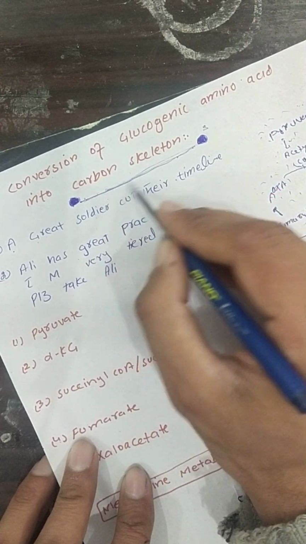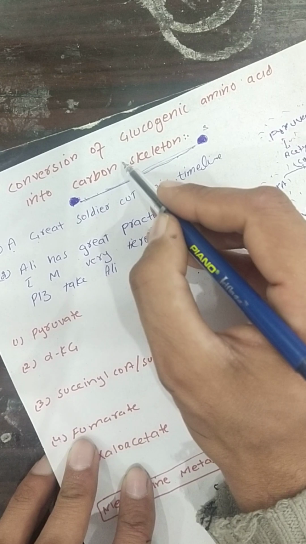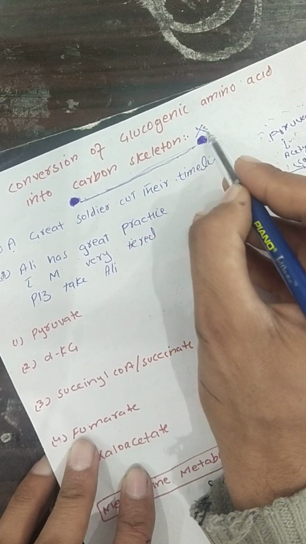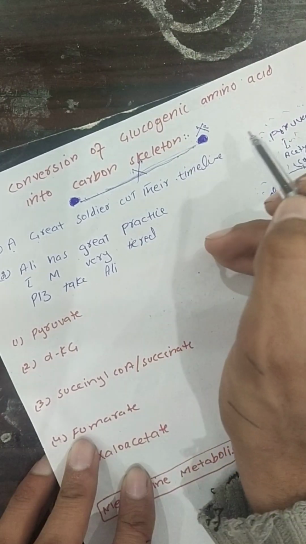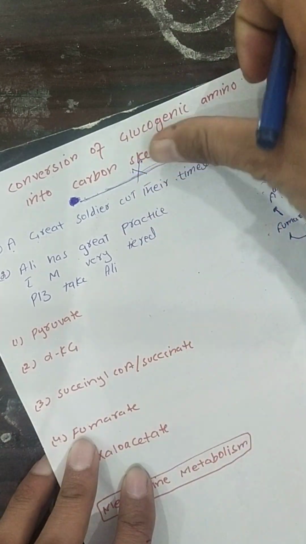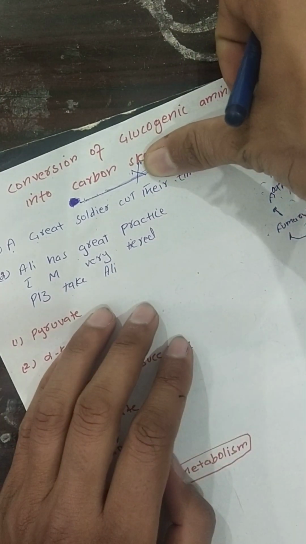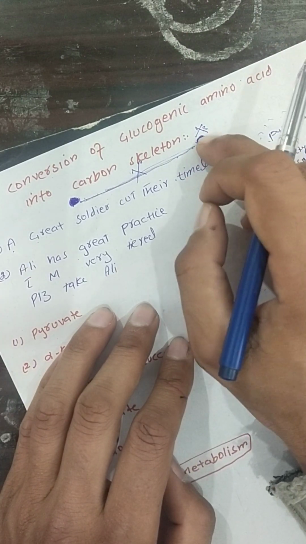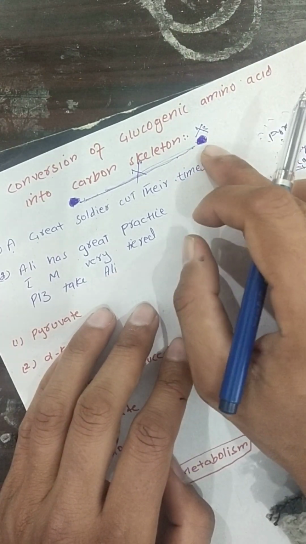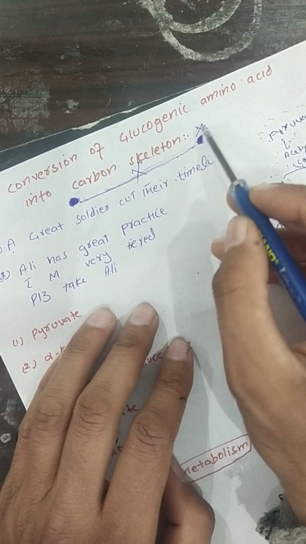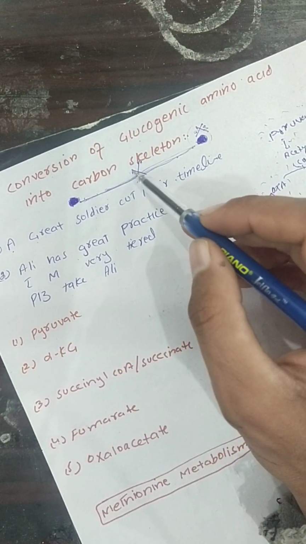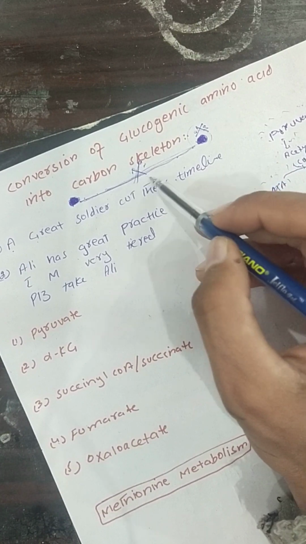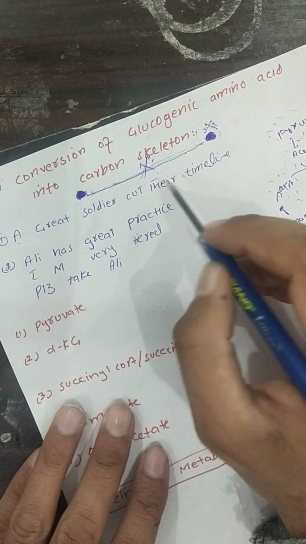In the army this is called the timeline. If a person wants to defeat this army, he just needs to cut this timeline. When the timeline is cut, there is no supply of food and the army will soon die, and the person will win. So we have the simple mnemonic: a great soldier cut their timeline.